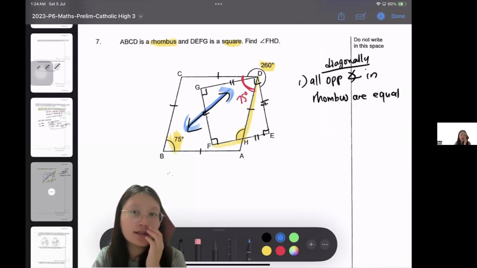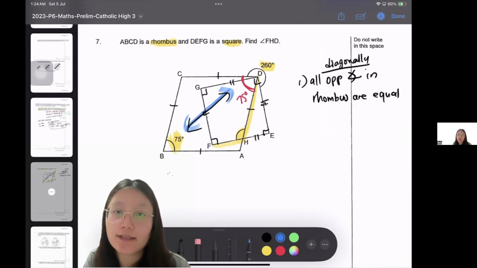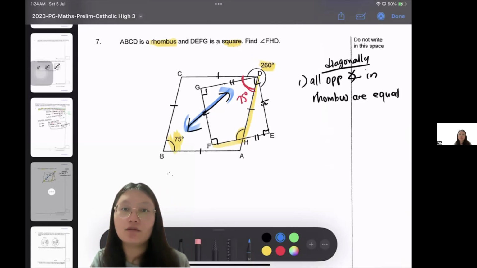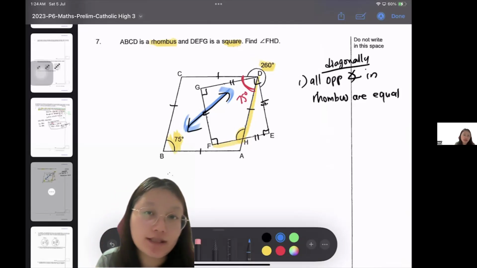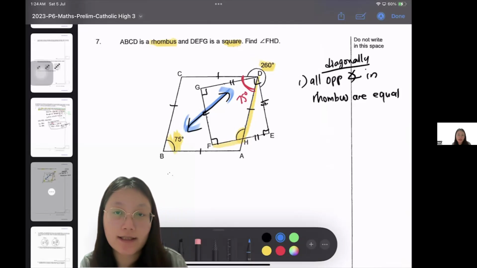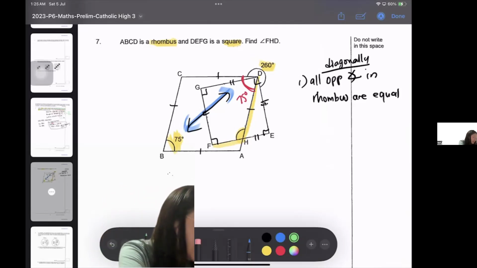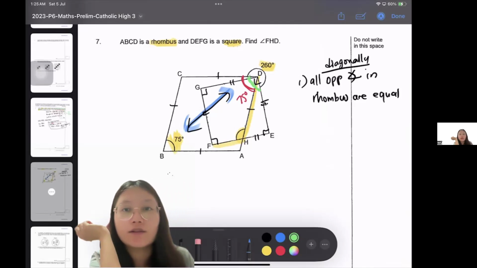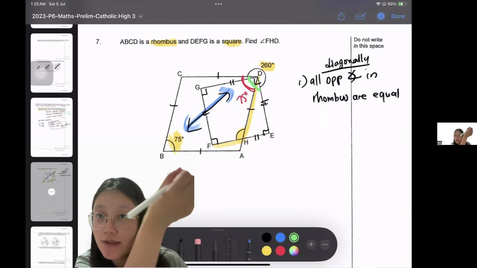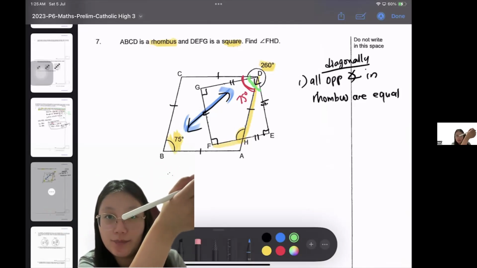Okay, the second thing is you can most likely find the angle by using 360 minus 260, right? To find the angle in green. This one, you can find the angle in green. So the angle in green will be 360 minus 260.